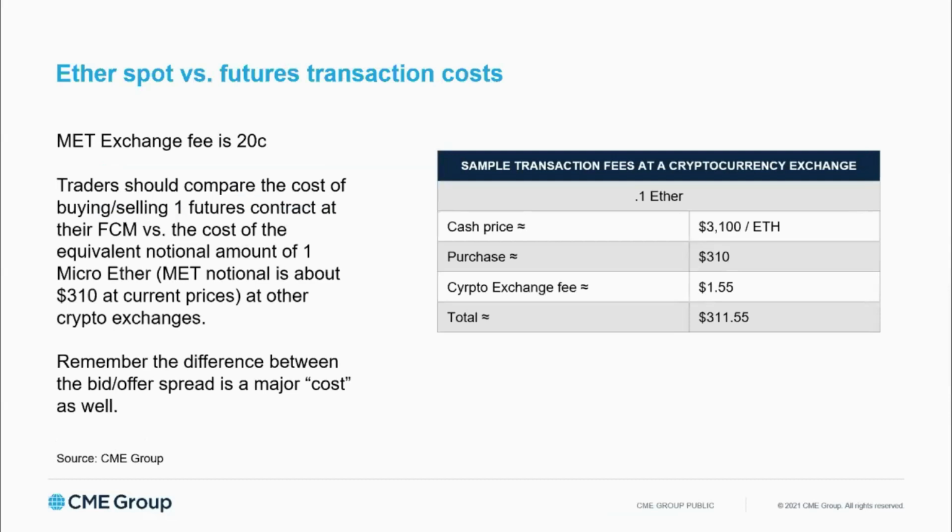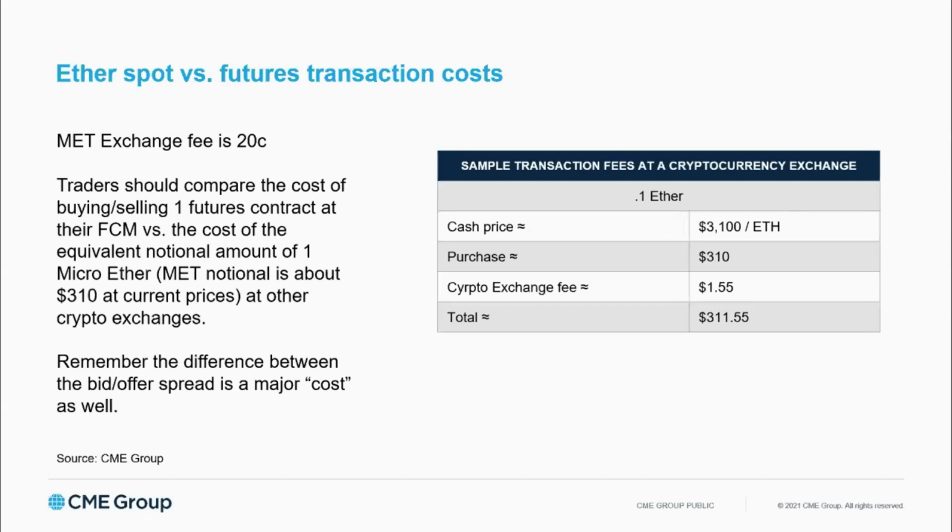And then looking at the transaction costs of spot Ether versus the micro Ether transaction costs, the exchange fee on micro Ether is 20 cents. And if you were to place a micro Ether equivalent trade on a spot cryptocurrency exchange, you could be looking at potentially a point or a half point percentage for transaction fee.